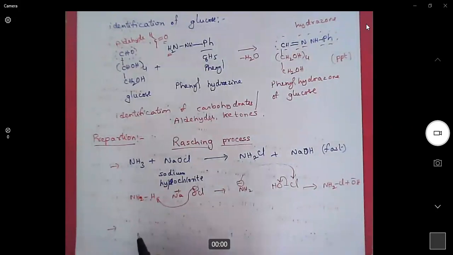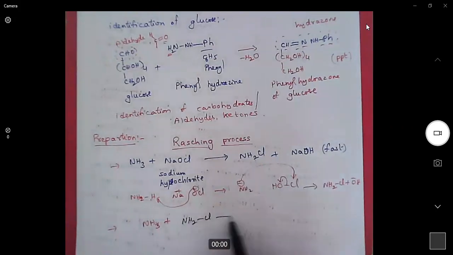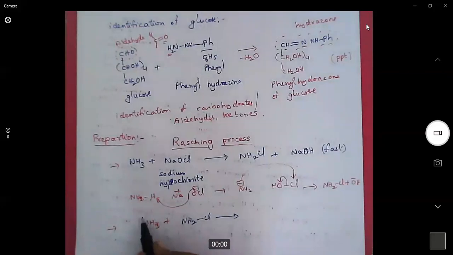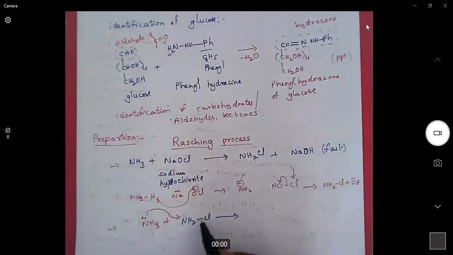another molecule of ammonia will react with the chloroamine generated in the first step. Here ammonia acts as a nucleophile and attacks the chloroamine, where chlorine acts as a leaving group. So it is a nucleophilic substitution, SN reaction.